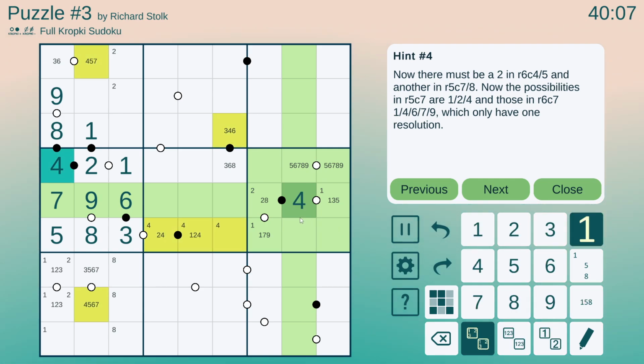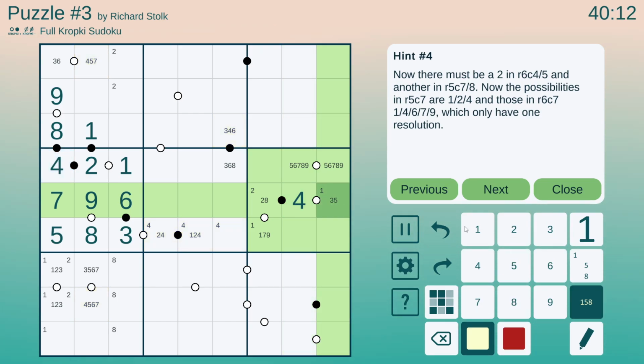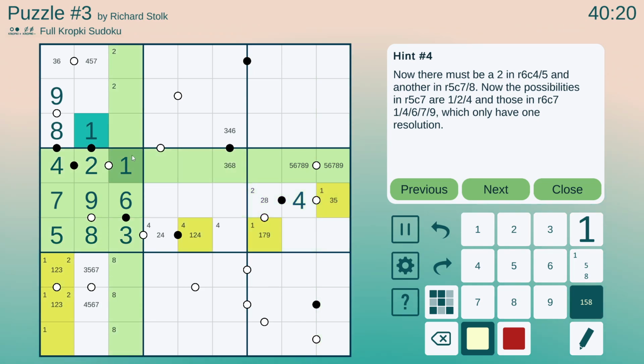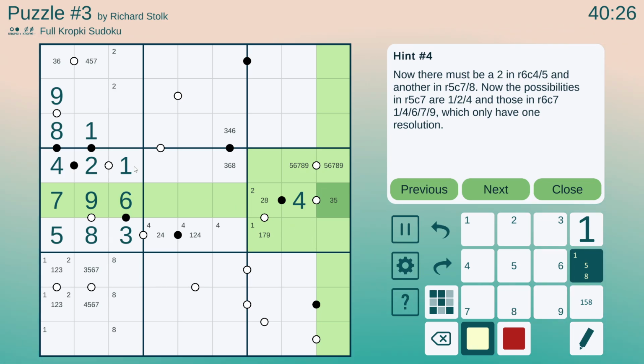I can't tell if this is just impossible or if I just haven't done this in a while. No, that's not a... Let's get rid of that pencil marked 1.